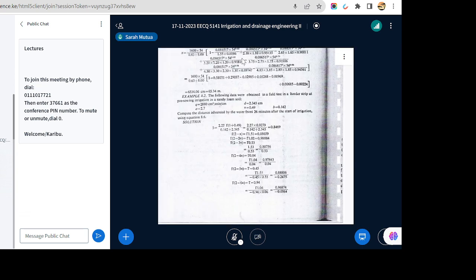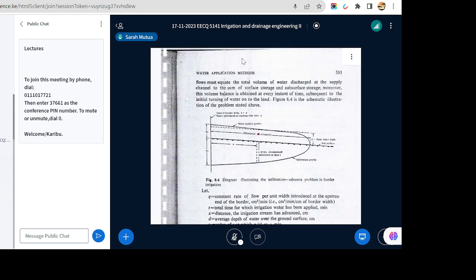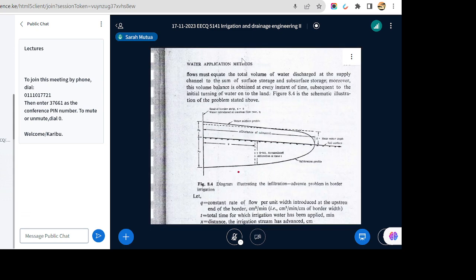Where is this average depth of flow I'm talking about? I go back to this profile. Essentially, we are just trying to determine these things. We determined the length and the slope. We determined the depth of water required so that you can replenish the root zone, and that is going to be the Y. It is not going to be the Y. The Y is the infiltration time relationship.